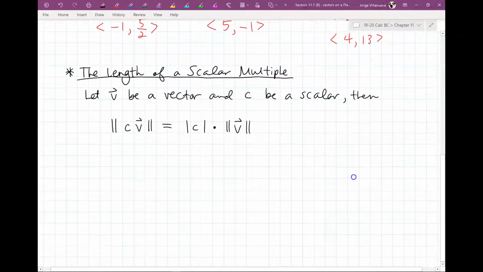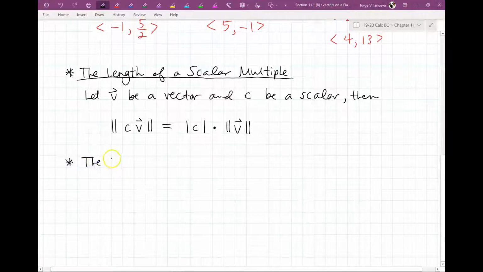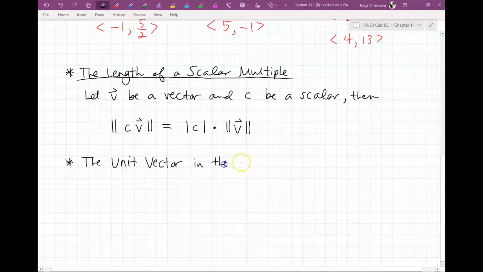And the last one for today, the last definition, is the unit vector. So the unit vector in the direction of v.